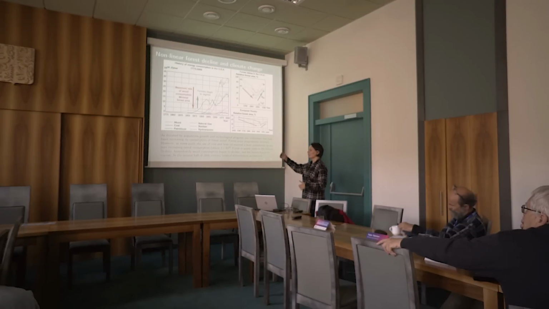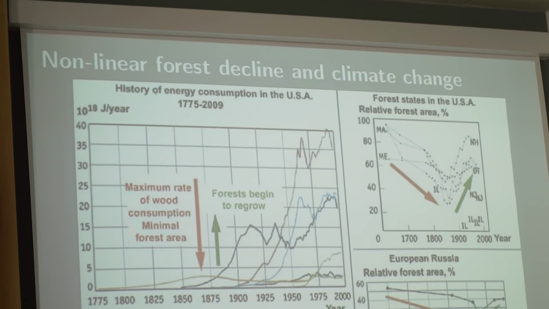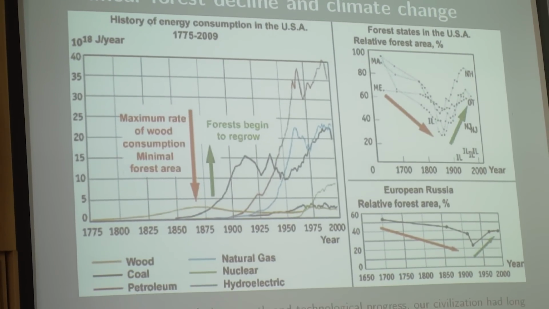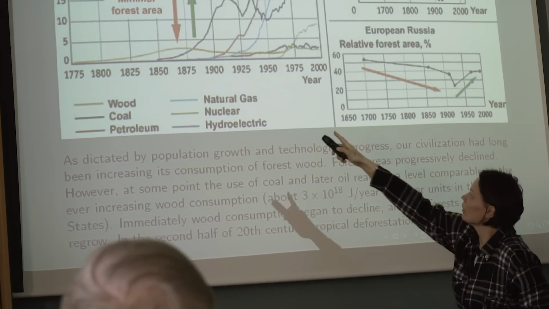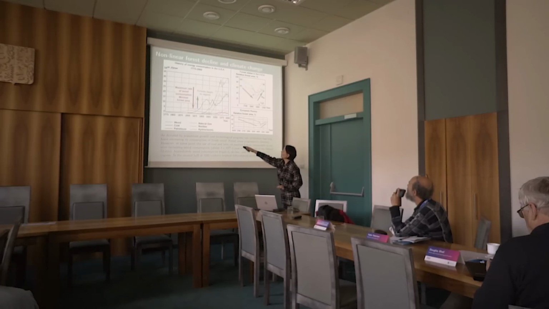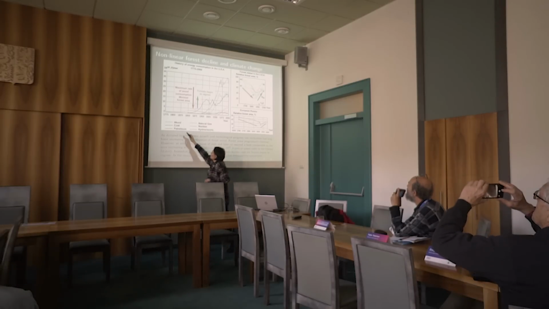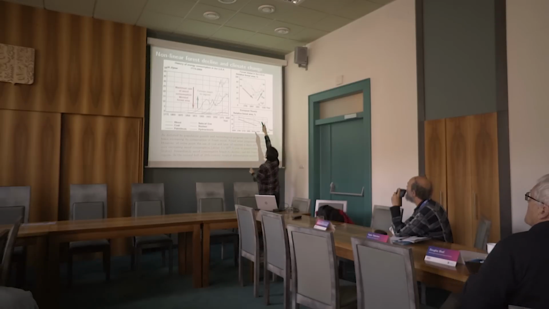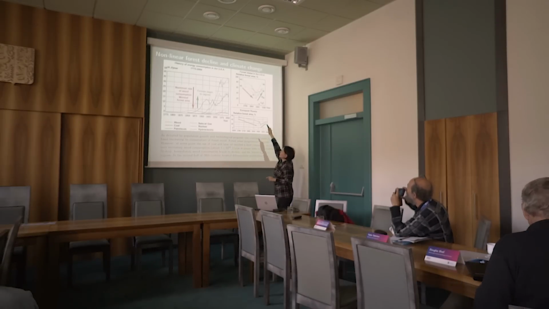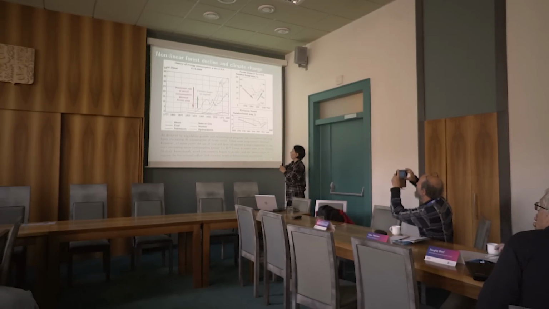Like with the development of our industrial civilization, you see, these are years, the forest consumption, and this is wood consumption. It was continuously increasing, and the area occupied by forests continuously decreasing.